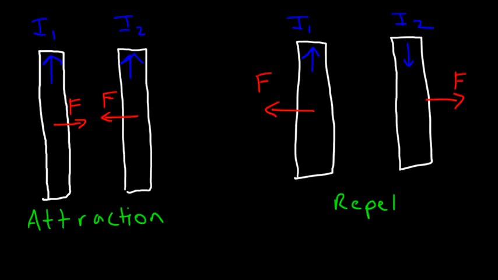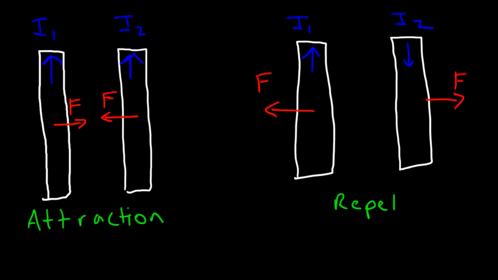Wire 1 creates a magnetic field because it has a moving charge, it has a current, and that magnetic field exerts a force on wire 2. Now let's focus on wire 1. The current is going north.